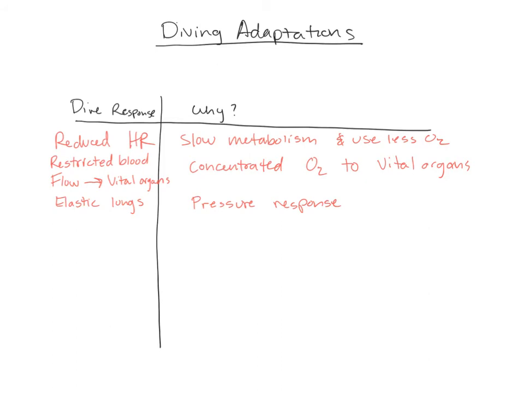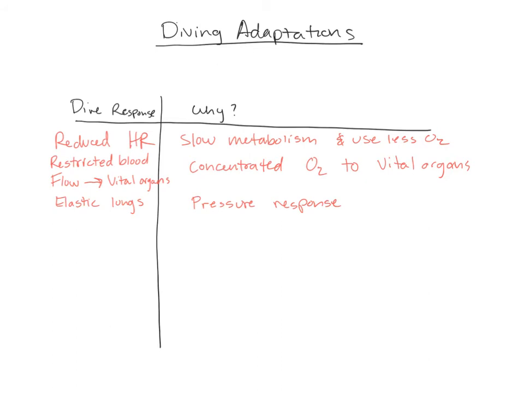Also, it allows them to prevent air from getting into their blood and having a problem called the bends. When you go into a high pressure situation deep in the ocean, the gas that is in your blood will also compress, and more gas will go into your blood.